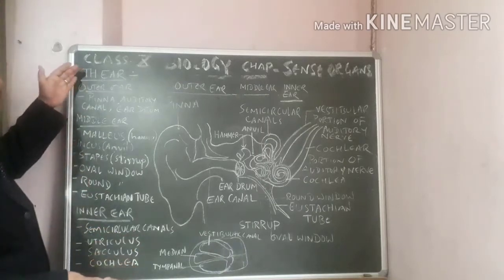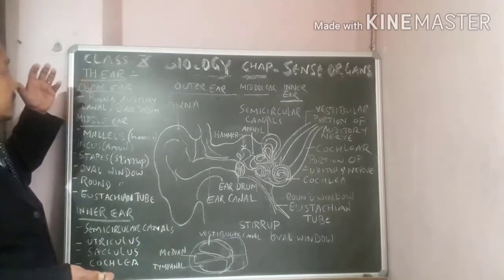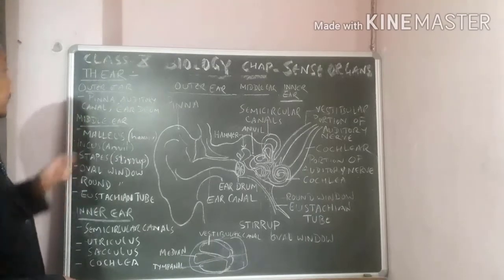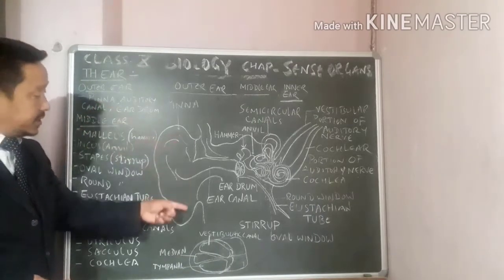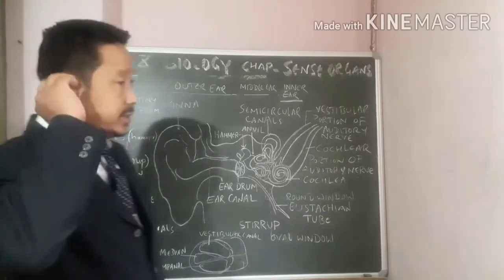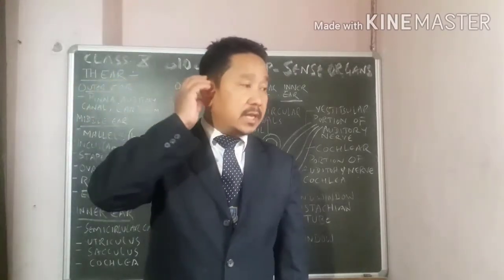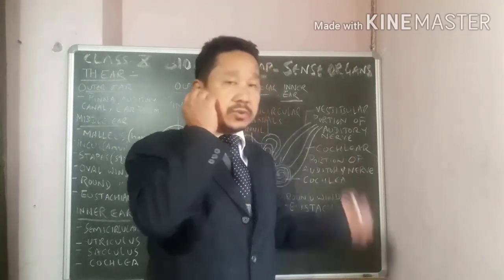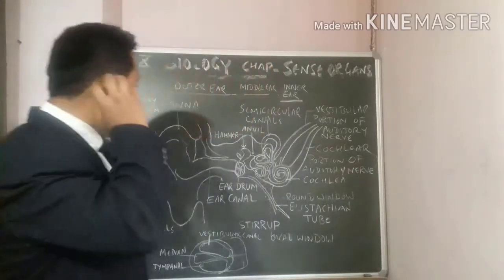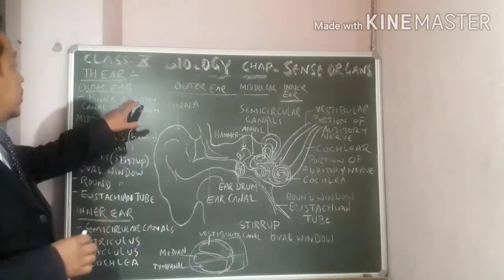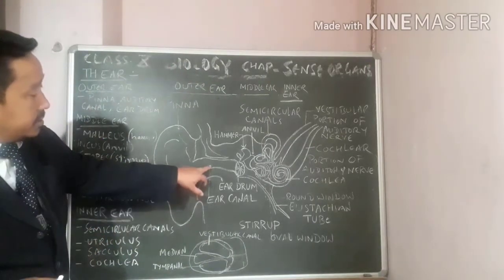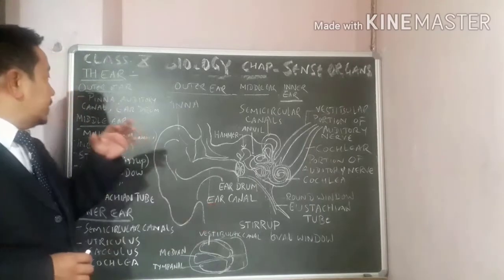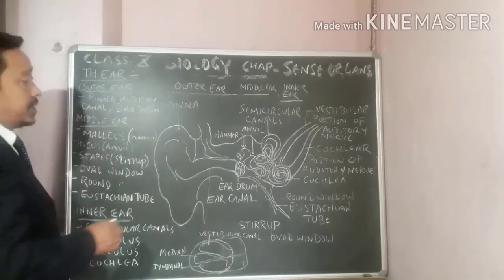The outer ear includes the pinna. This region is called the pinna. The last part of your pinna is the lobule, which is not shown in the diagram. Then the auditory canal, which is also called the ear canal. Then another one is your eardrum.